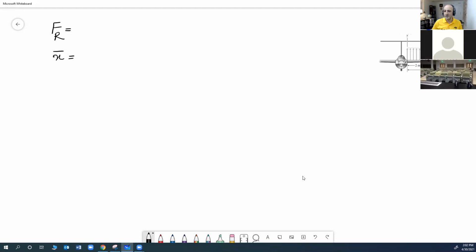FR is the total area underneath the loading. So it's area under loading, which in this case is going to be the integral of dA, total A.